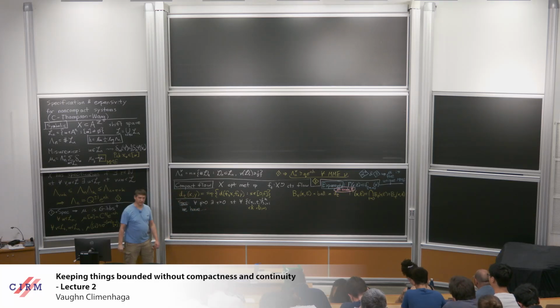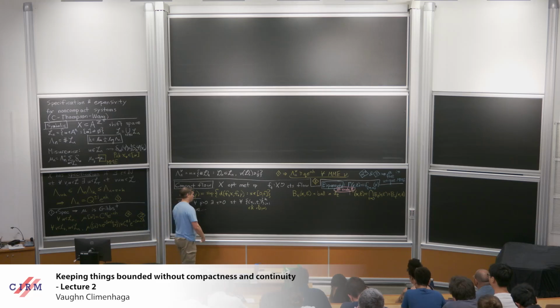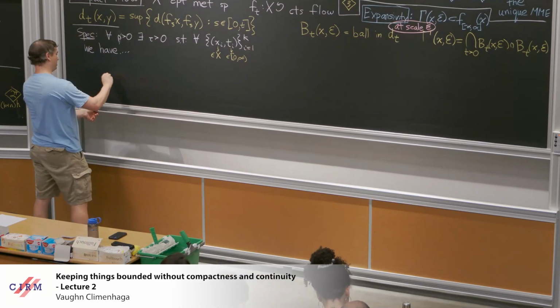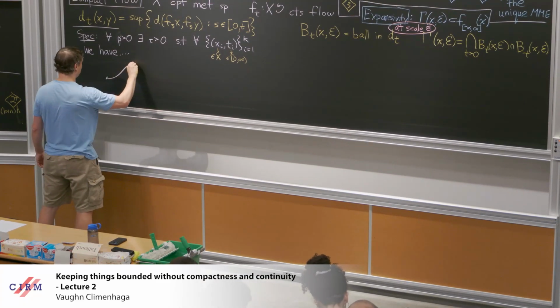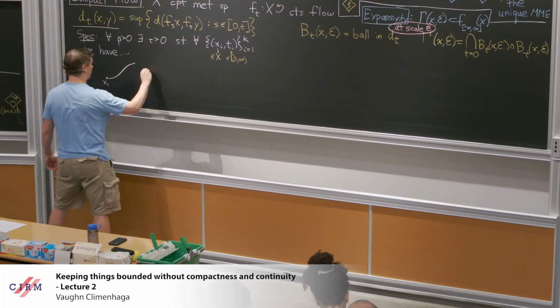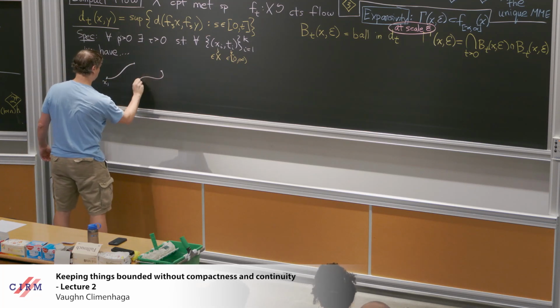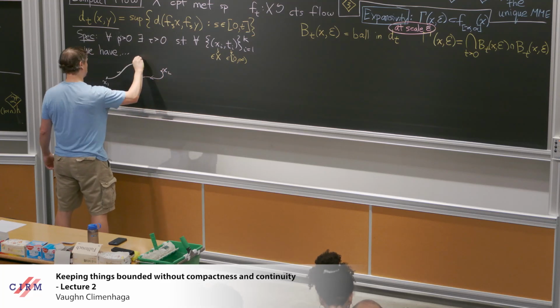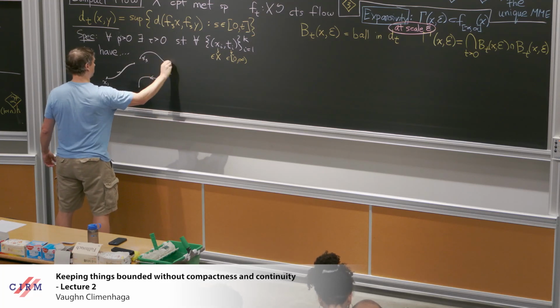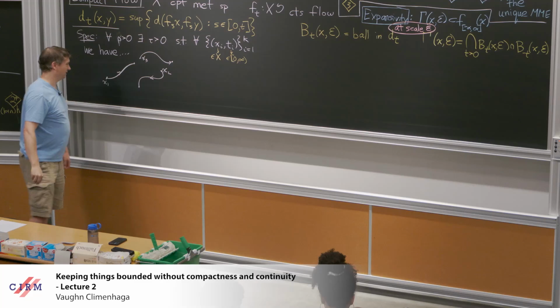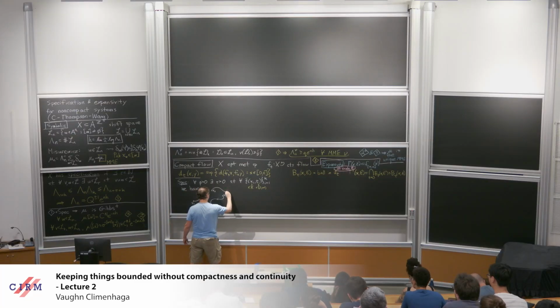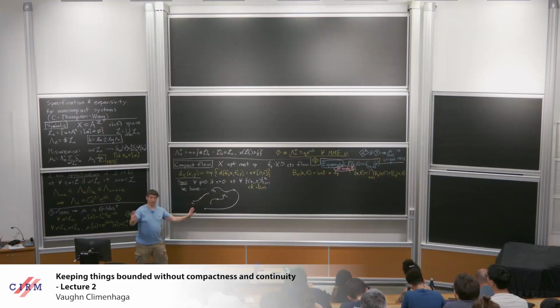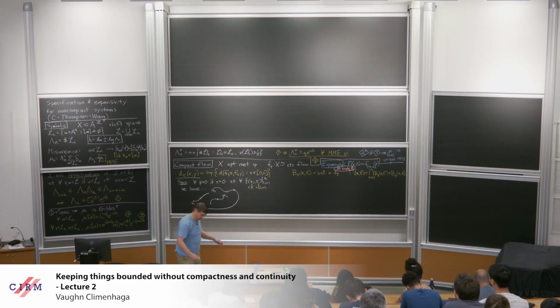And this is the point at which I can either write a very complicated formula or draw a picture. And the picture is like this, that you have your orbit segments. My picture is misleading, as all pictures are, because there's no restriction on the length of these. Of course, I'm starting to draw them as if they have the same length.